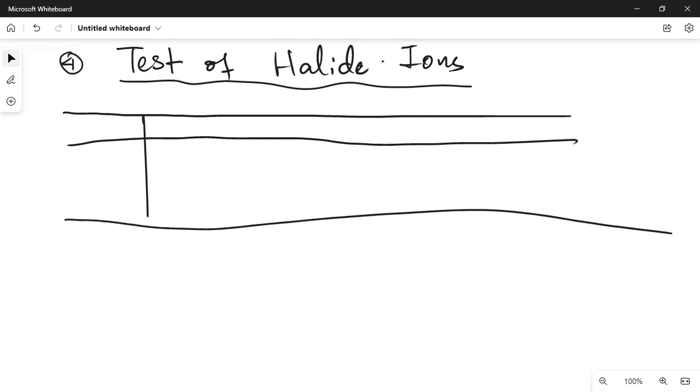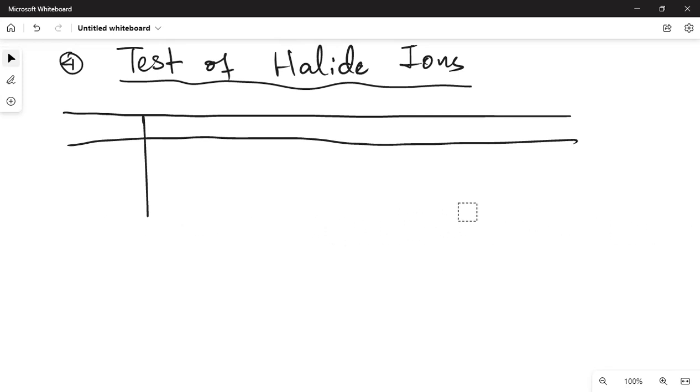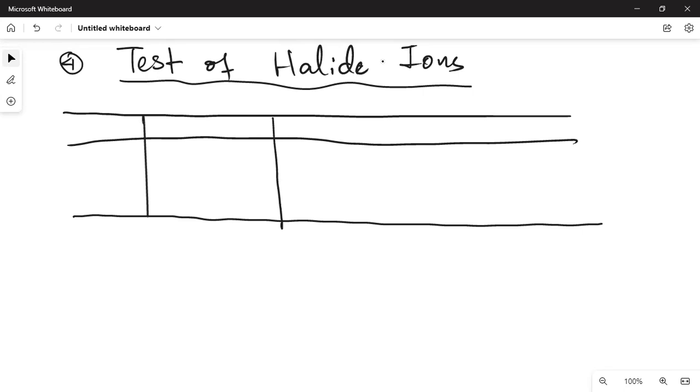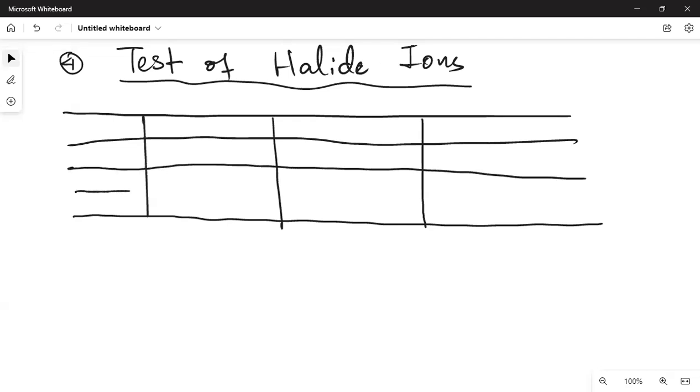तो मेरी लाइन सीधी हो जाए तो फिर आगे काम चलेगा. Here we go. So it's like 1, 2, 3 columns. Along with that halogen को मिला के 4 columns और 4 rows ही बनेंगी in fact.